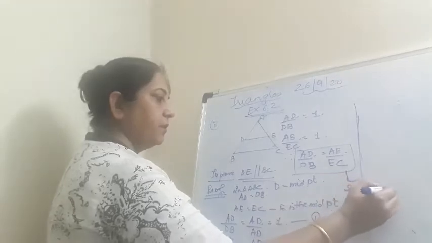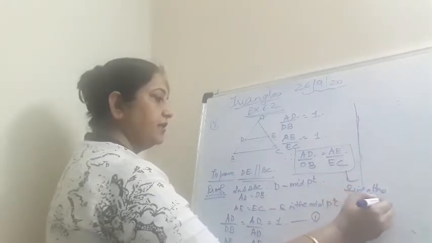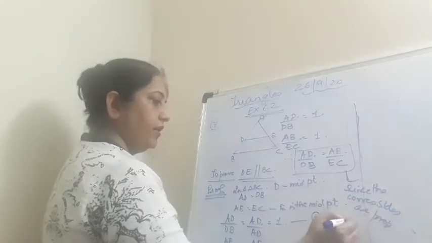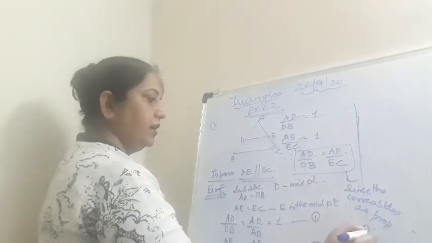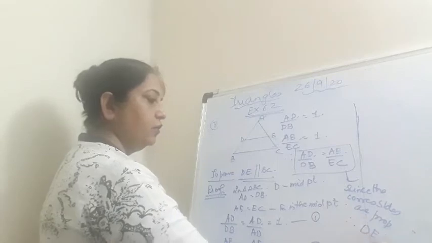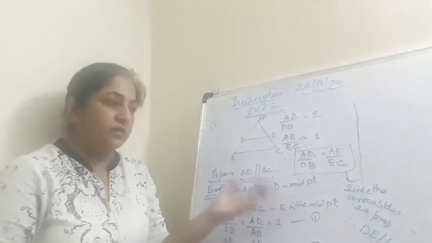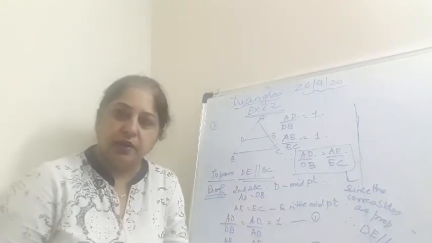Since the corresponding sides are proportional, therefore DE is parallel to BC. I hope you are understanding. This is the converse of the basic proportionality theorem.